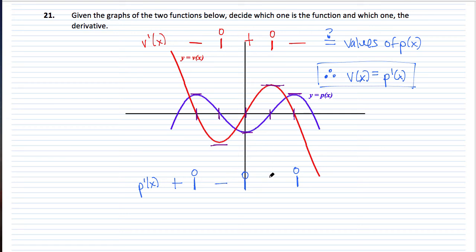In this section, it is positive. And finally, negative. And so we see then that the value for the red function is in fact positive for this whole section. It is negative for this section, positive for this section, and negative for this section. So, again, we are justified in saying that the red function, v of x, is the derivative of p of x.